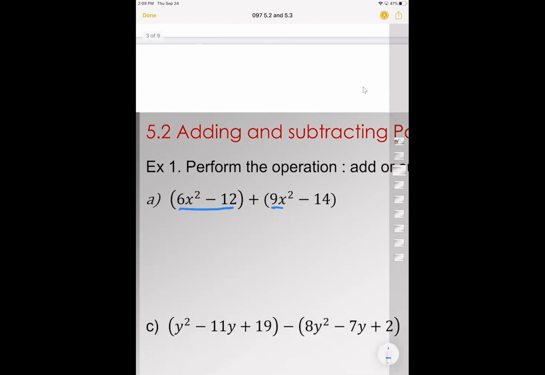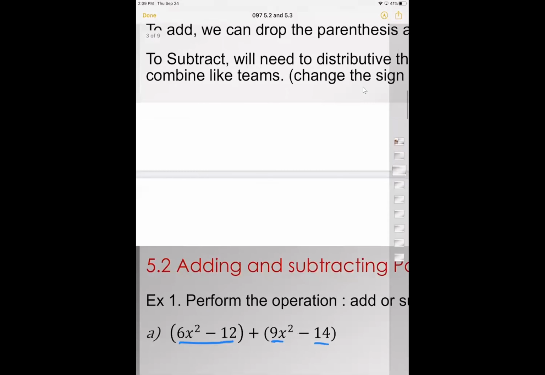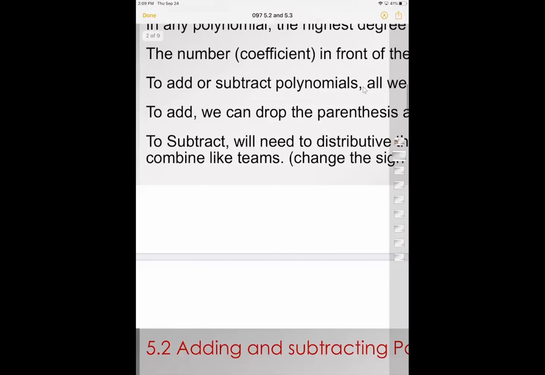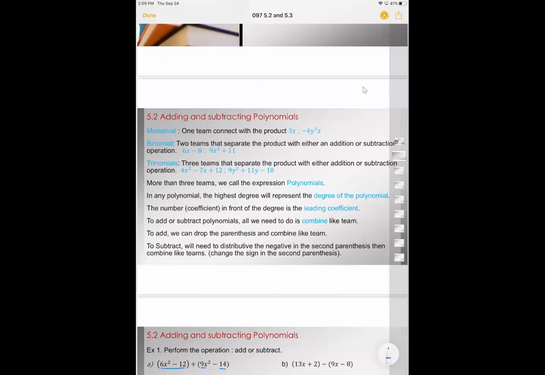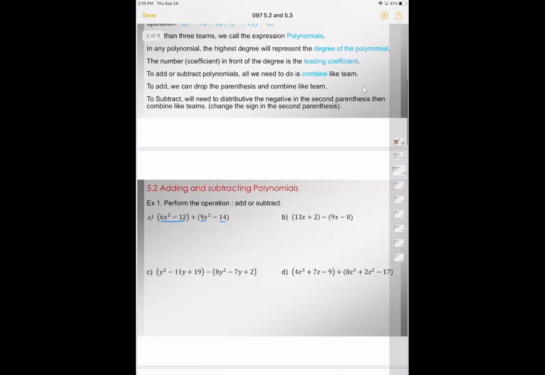Two-term added to two-term. So if you look at the previous item that I mentioned, for addition, all we need to do is drop the parentheses, because for addition, dropping the parentheses does not change or affect your expression. So we just drop the parentheses and say 6x squared minus 12 added to 9x squared minus 14.